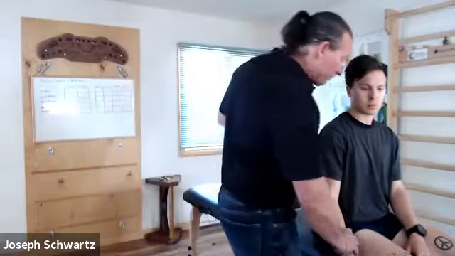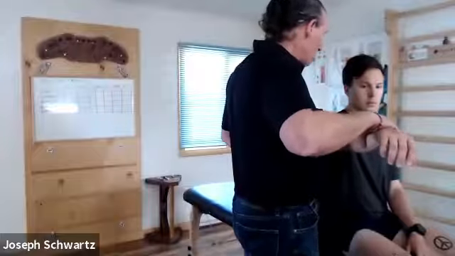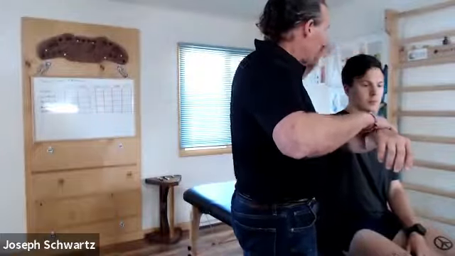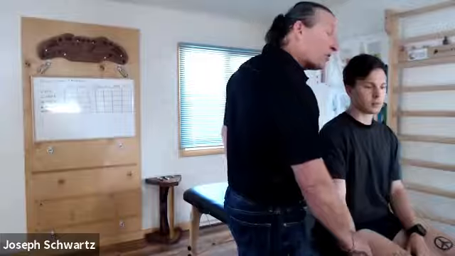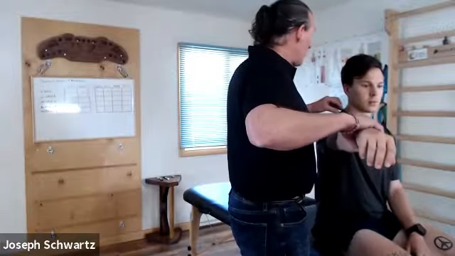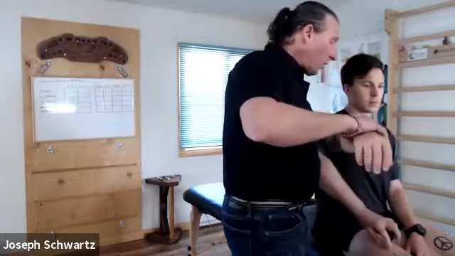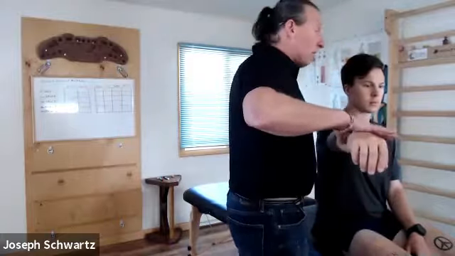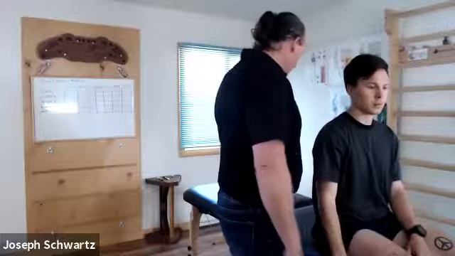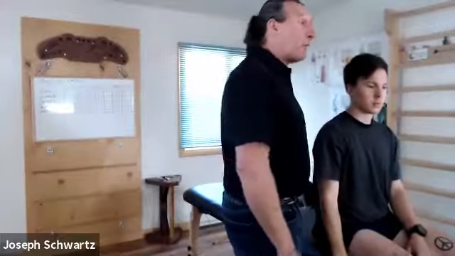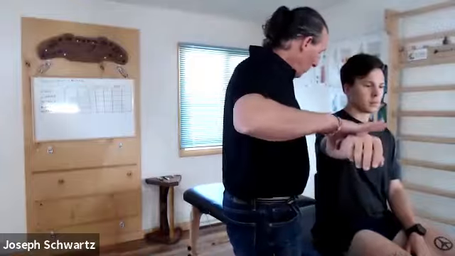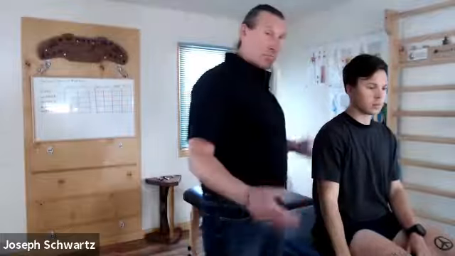For example, hold through here, come to the forehead, normally responsive, come to the trapezius, normally responsive, come to the thigh, normally responsive. Great. I'm going to come to the low back, normally responsive. Great. So I'm happy with that.